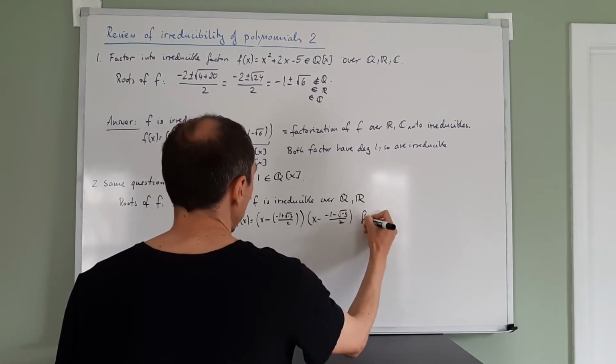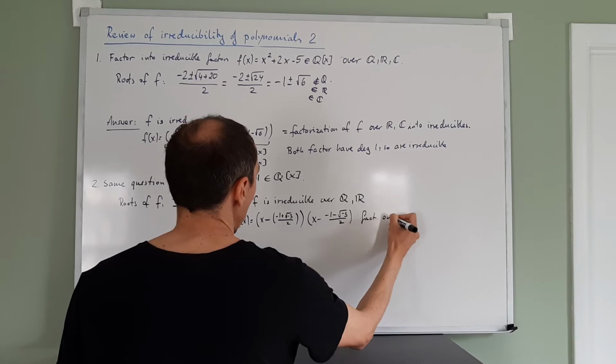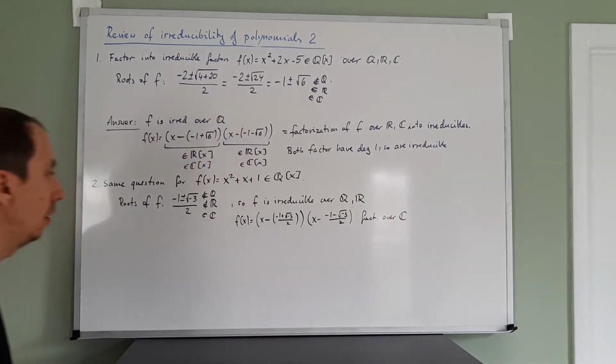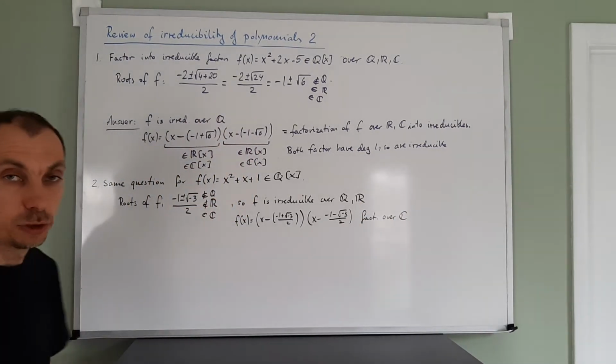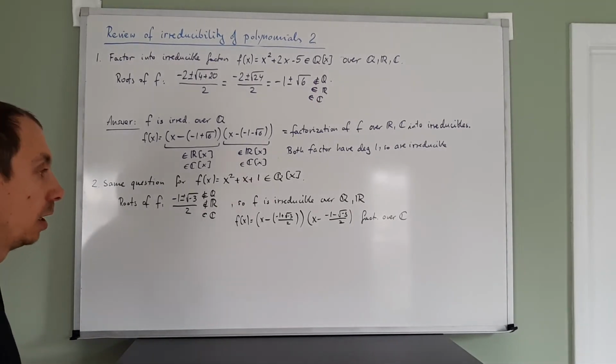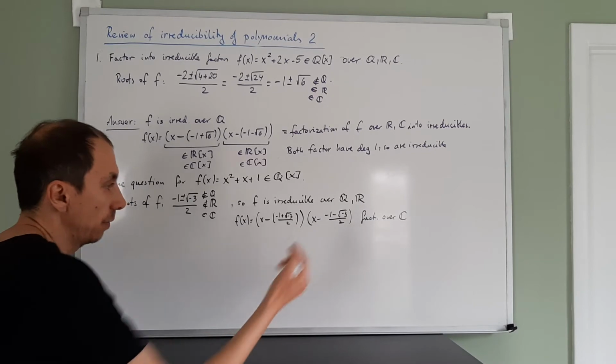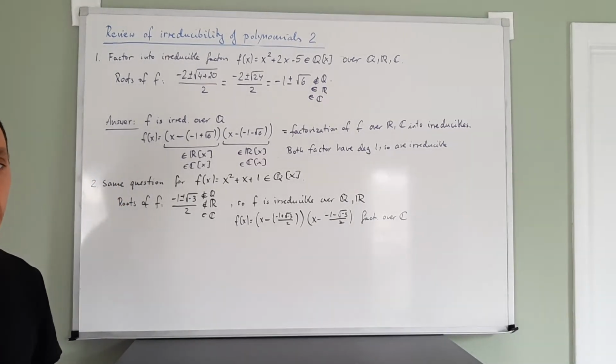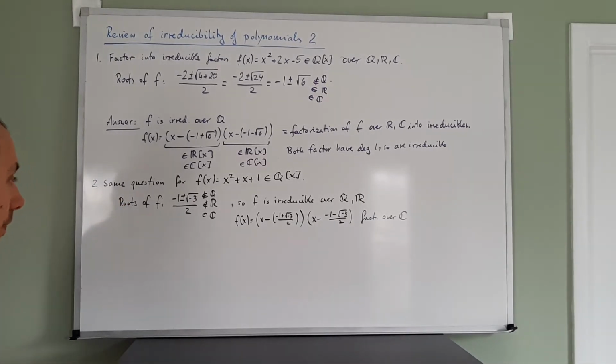So this is the factorization over C. Why is f irreducible over Q and R? Because it's quadratic and has no roots in Q or R. These two factors have coefficients in C, and they're both degree 1, so they're irreducible.